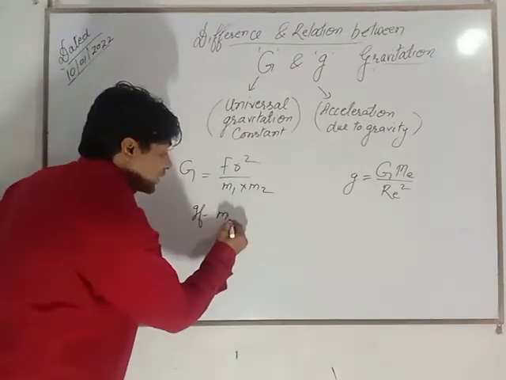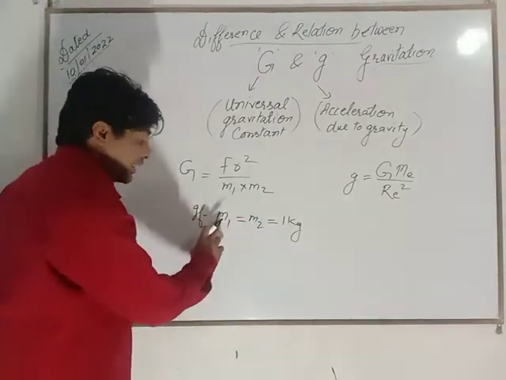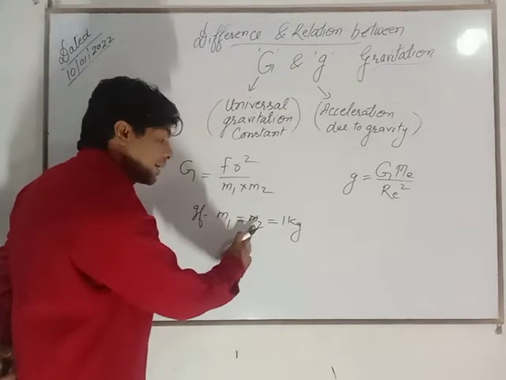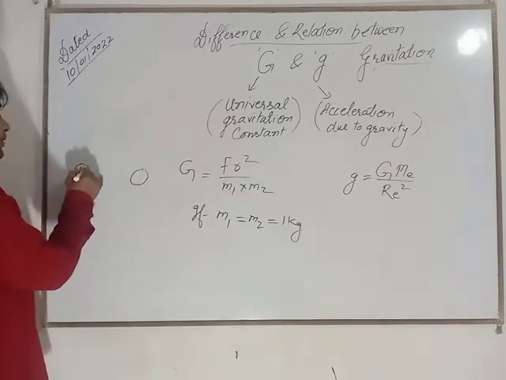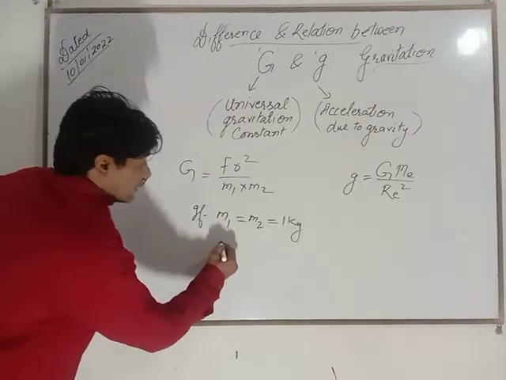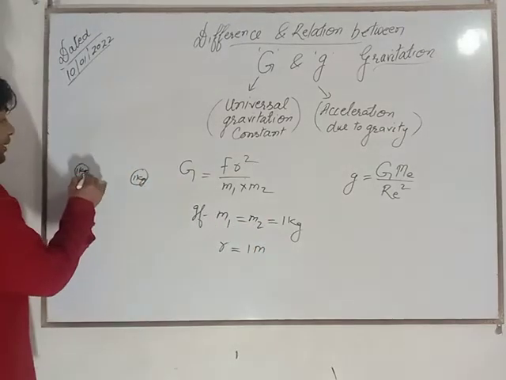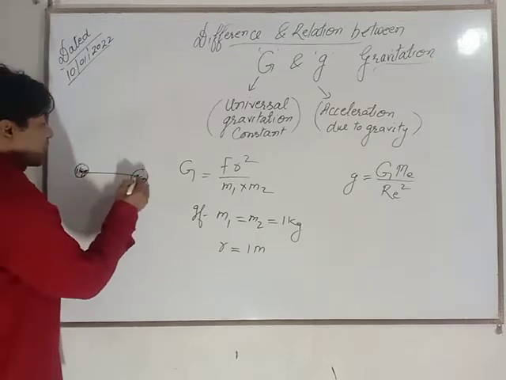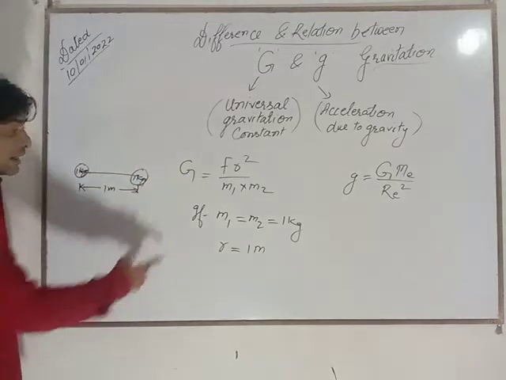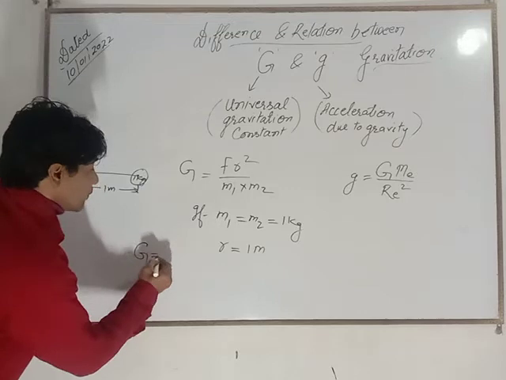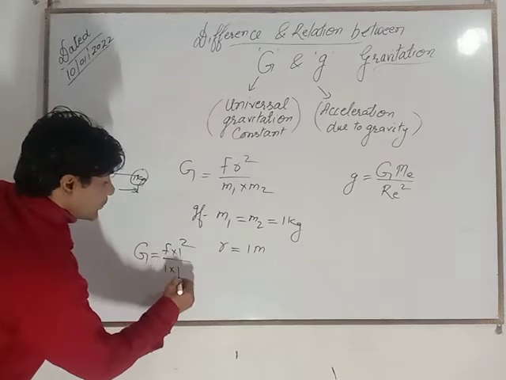If m1 and m2 are both taken as 1 kg, that is, object m1 has mass 1 kg and m2 also has mass 1 kg, and the distance between them is taken as 1 meter, clearly the formula reduces to F into 1 square upon 1 into 1 kg.